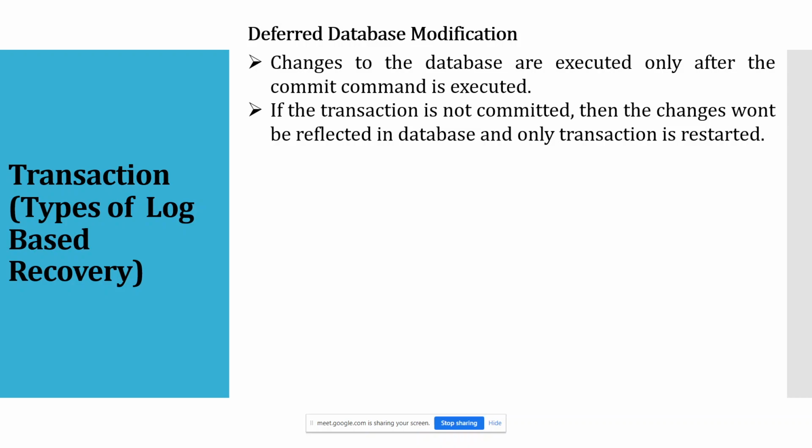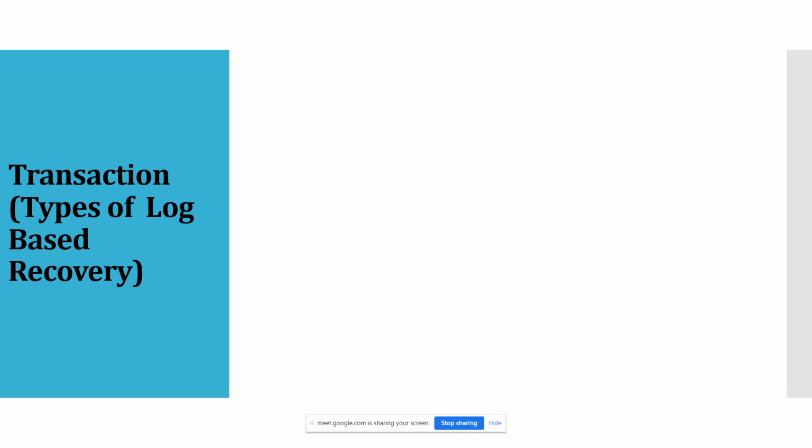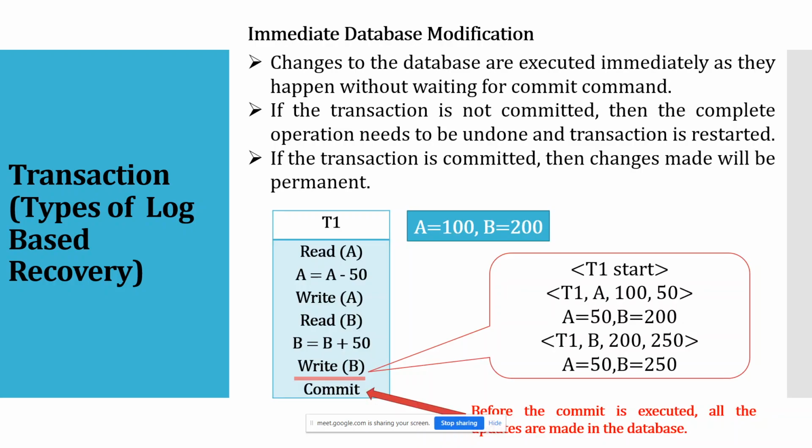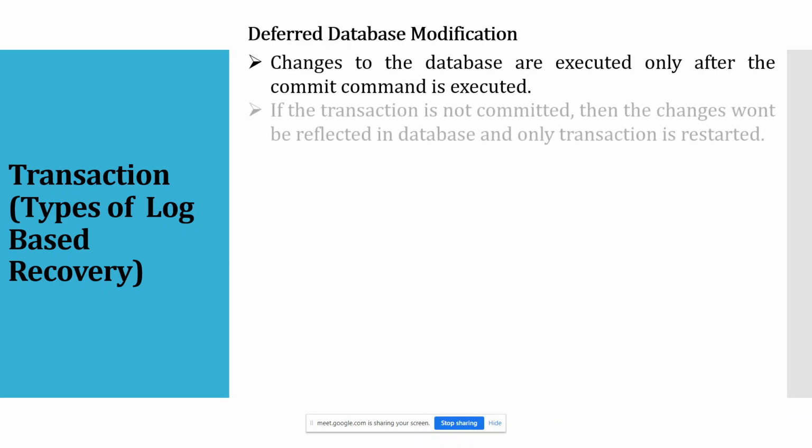But in deferred modification, until the commit command is executed, the database will not be reflected with the change or update. That is the main difference between immediate and deferred database modifications in log based recovery.